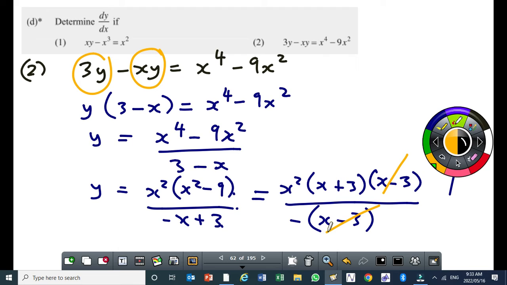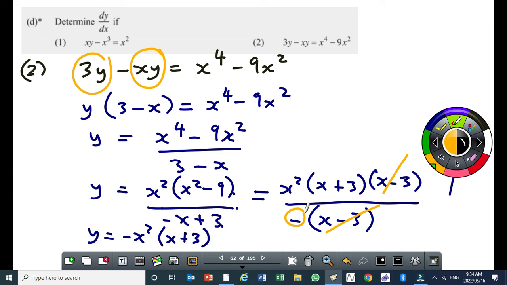So my denominator is going to be minus 1, which means my expression after factorizing and simplifying is going to be y equal to minus x squared times x plus 3. I've taken into account this minus here. So x squared over minus 1 gives us minus x squared.